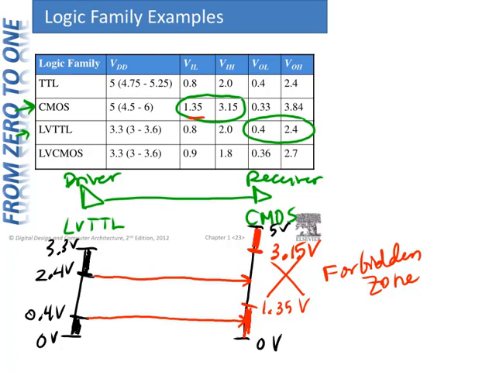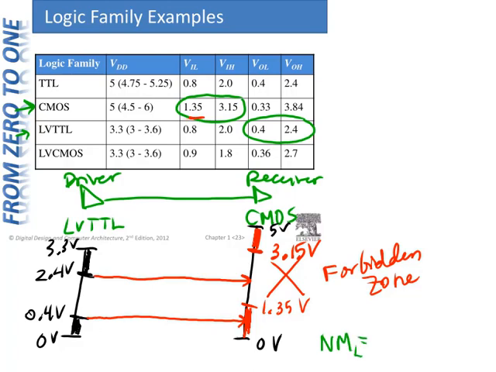So to write the equations, we can also do that and say, okay, what are the values that we would have for our noise margins? Well, we can do the noise margin low. We know that one worked, so we can try that one first.